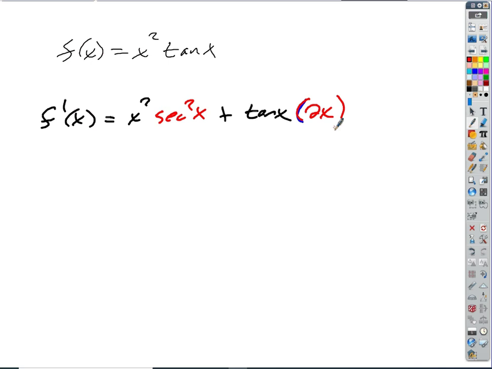So how would we write that most conveniently? What are our conventions for this? Well, you want to put variables before functions, so we put the x squared before the secant squared x. Why does that make sense, by the way? So you don't get your x's mixed up.